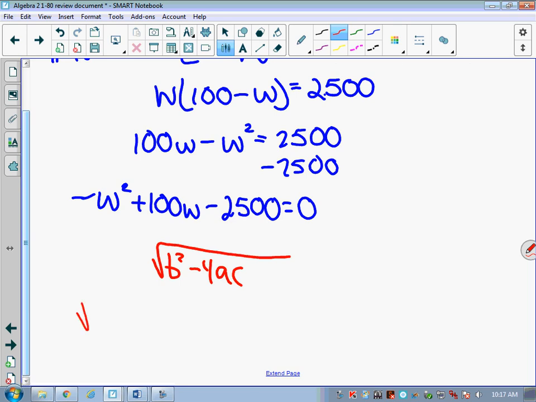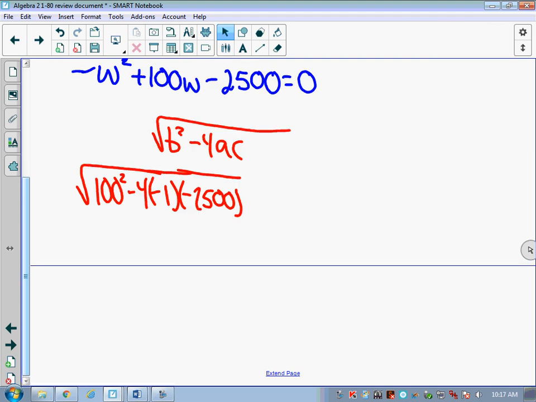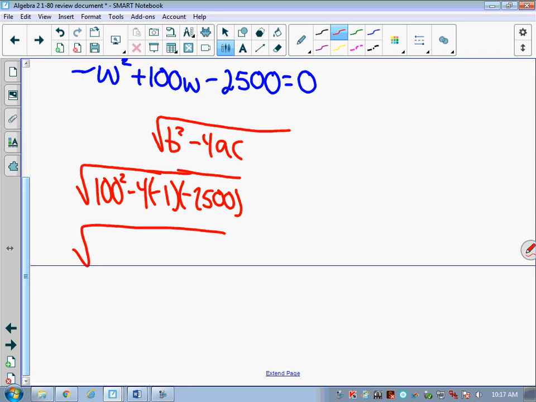So we'd have 100 squared minus 4 times what? Negative 1 times negative 2,500. Okay, keep on going this way. So we've got 100 times 100. That's got to be what, 10,000?